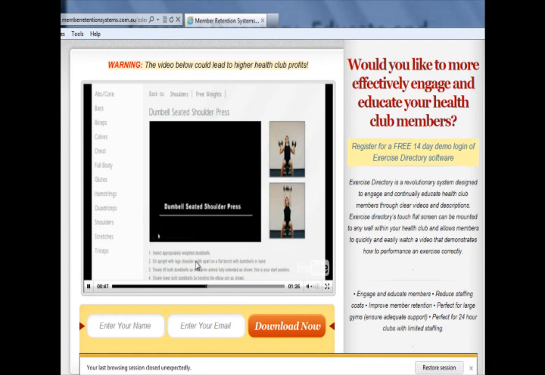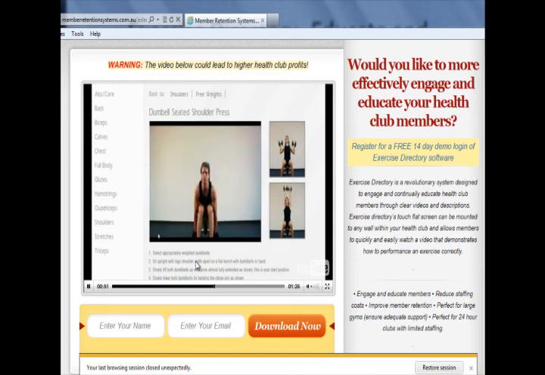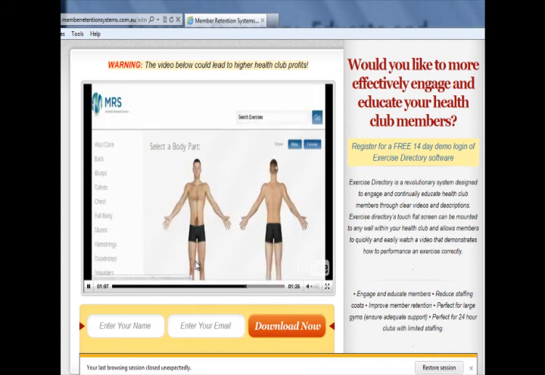Remember, two of our profit activators for health clubs were education and support, and these are the two pillars that really underlie this product. And obviously, in addition to that, it's a great way to really improve support levels when you have limited staffing.